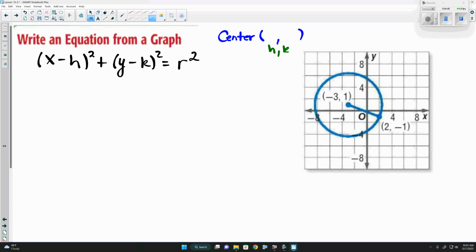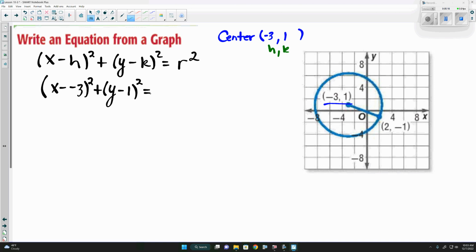Now looking at the graph, we do have a center at -3, 1. So that's helpful because it tells us the value of h is -3. So we have (x minus -3) squared plus (y minus 1) squared, since our k value is 1.